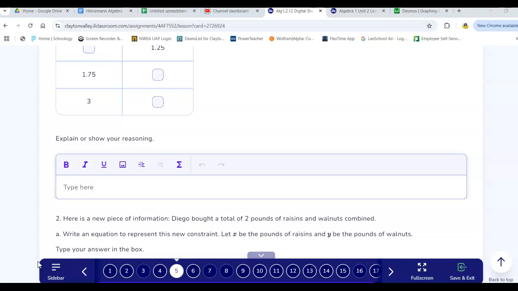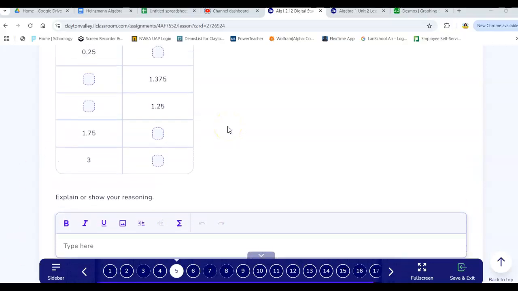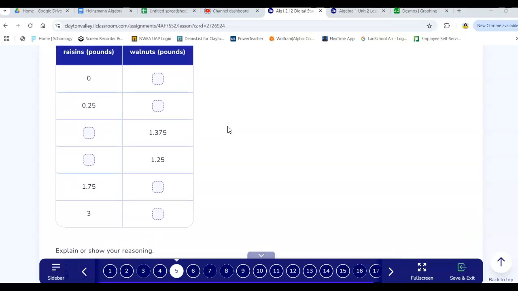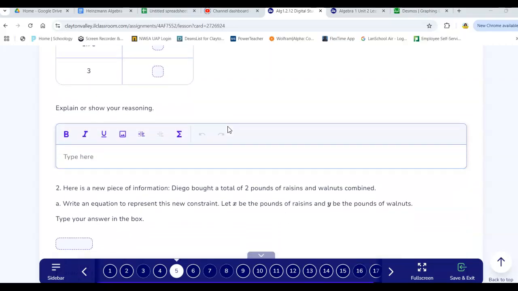Okay, and I want to explain, so here's the table that you're going to fill out, and like I said, you'll find your job a lot easier if you use Desmos. So what they want you to type in a question like this, explain or show your reasoning. I mean, come on, let's just use common sense.